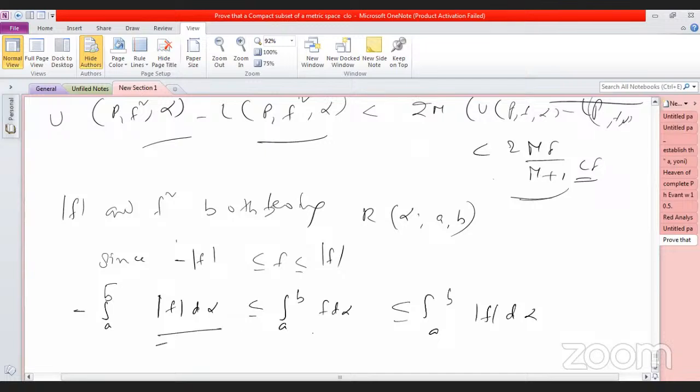Whether negative or positive, in the modulus it should satisfy the condition.